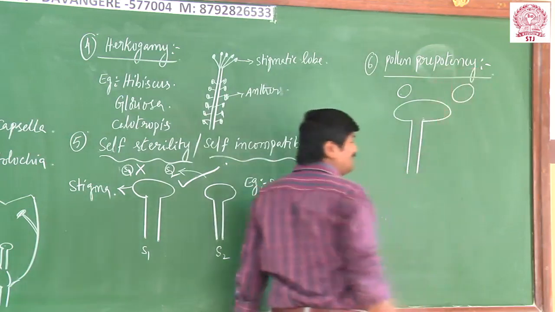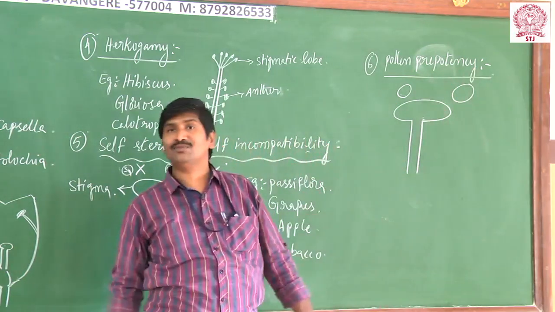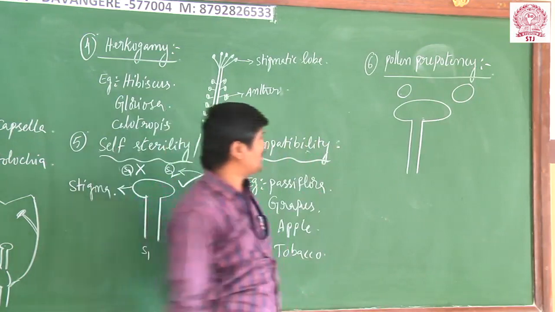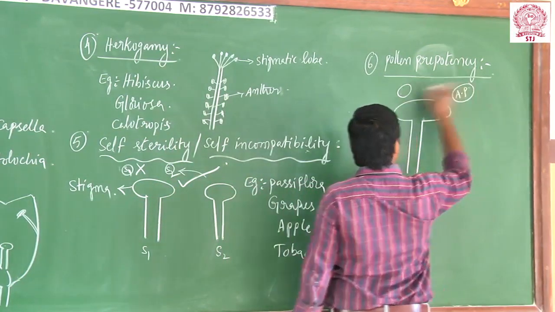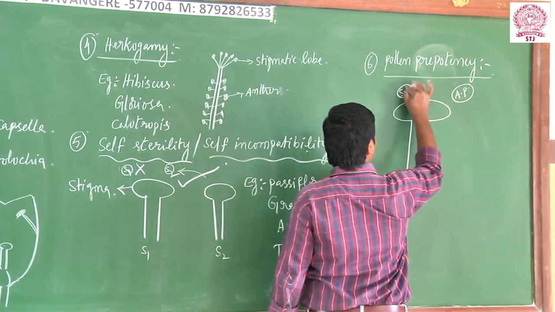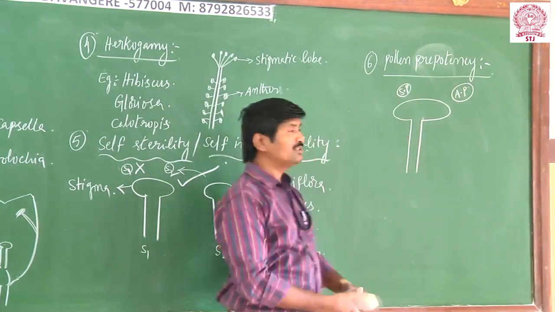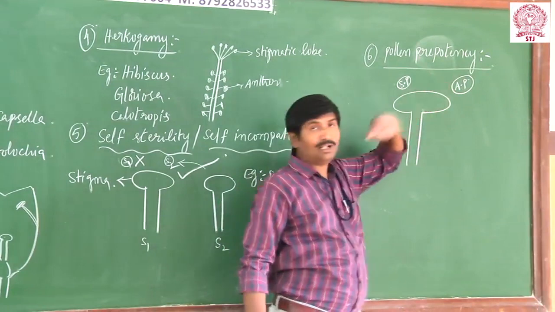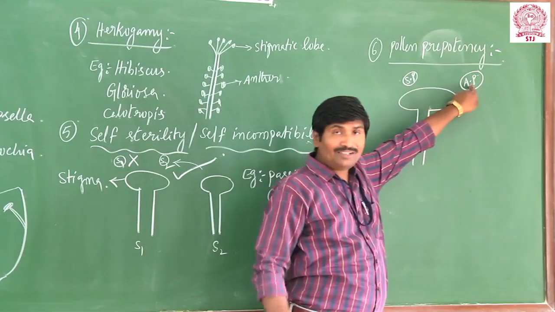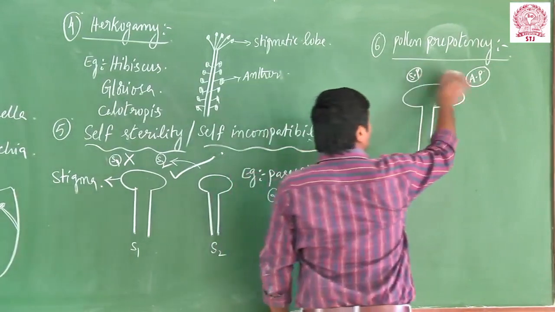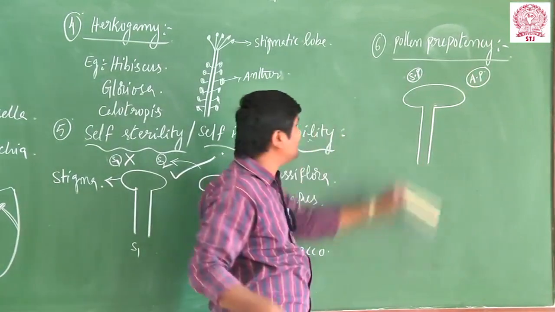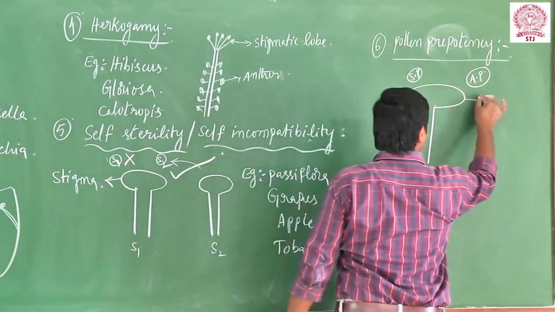This is another pollen grain that came from another flower belonging to the same species. At a time, these two pollen grains are landing on the stigmatic lobe.